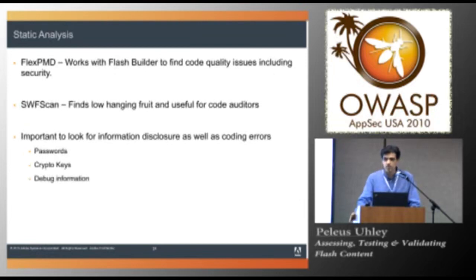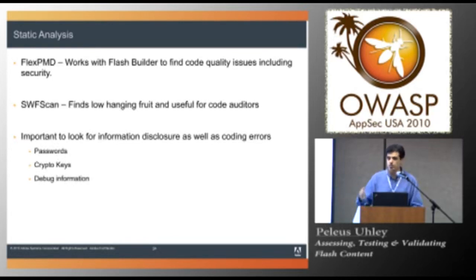As far as static analysis goes, doing it in an automated fashion, there's a tool called FlexPMD. It's a labs project at adobe.com, and it tries to find code quality issues. If you're familiar with Coverity, it might be similar in concept, where Coverity looks for general code quality issues, but can also look for security issues as a subset of that.